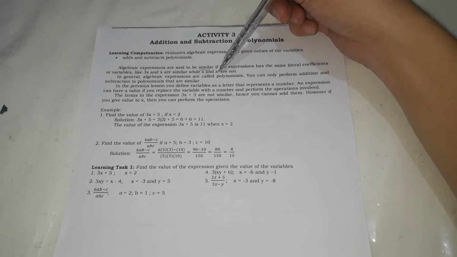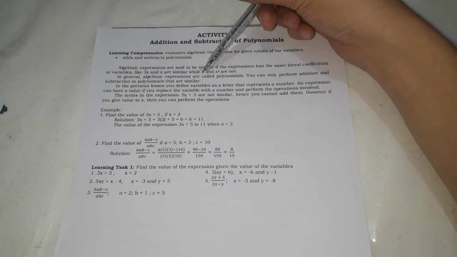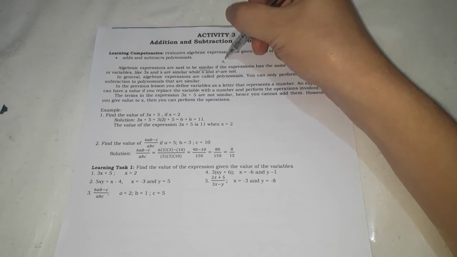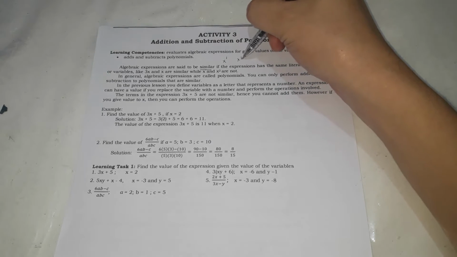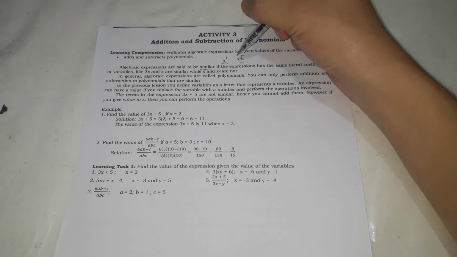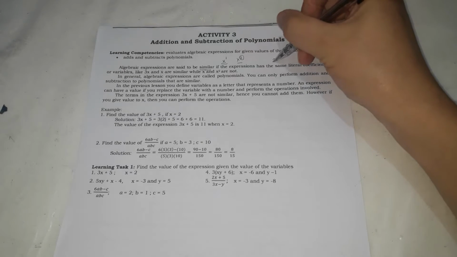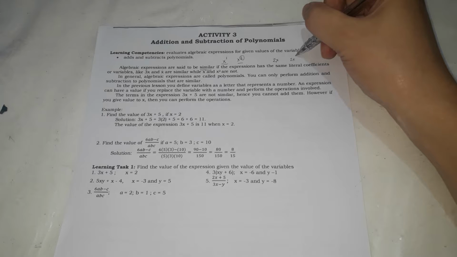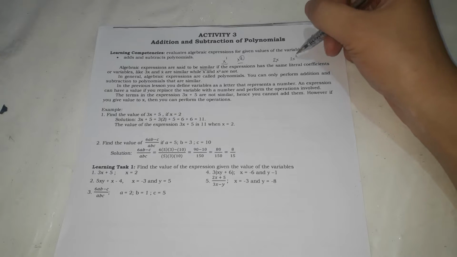Si x at saka x squared naman are not similar. They are not similar kasi si x, ang exponent niya is wala siyang exponent, or ang exponent niya is 1, tapos si x squared, ang exponent niya is 2. Dahil hindi magkapareho ang kanilang exponent, so they are not similar. So 2x at saka 2x squared are also not similar kasi hindi magkapareho yung exponent ni x.